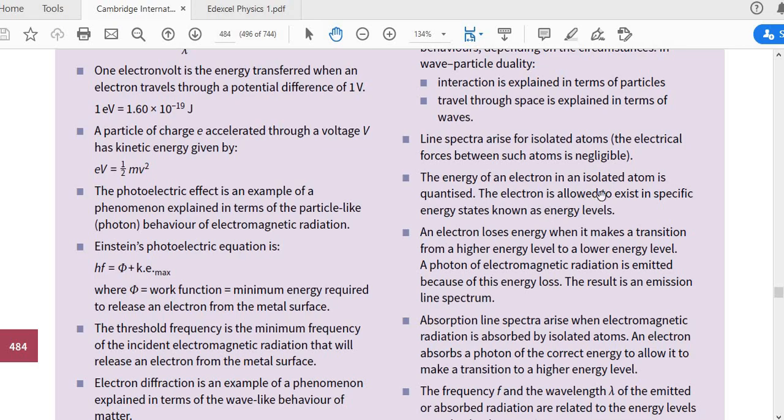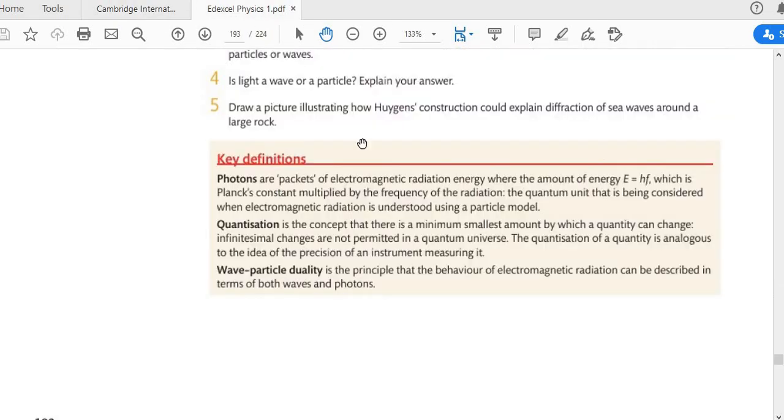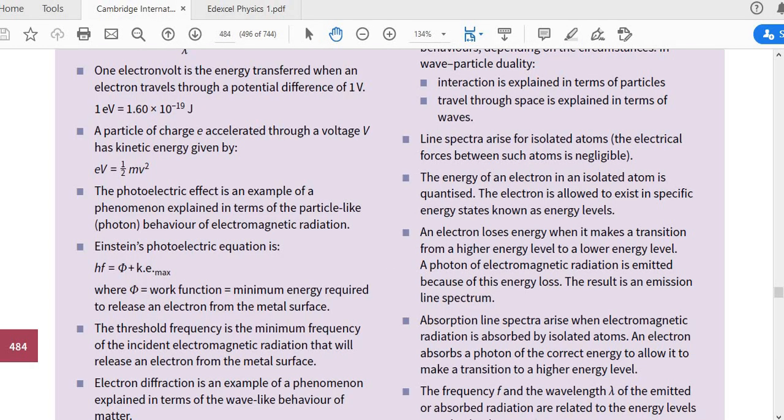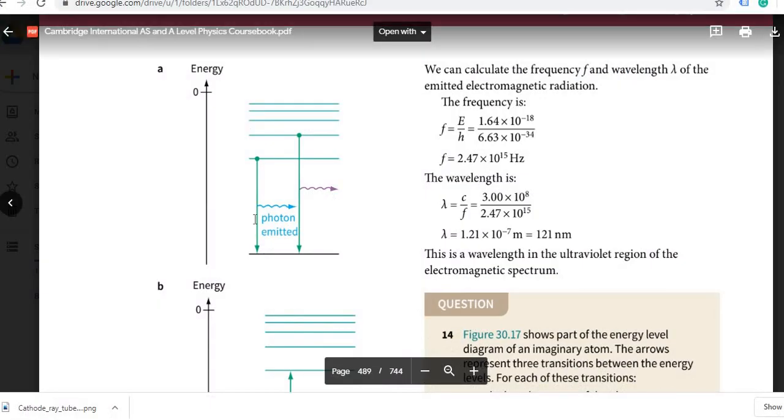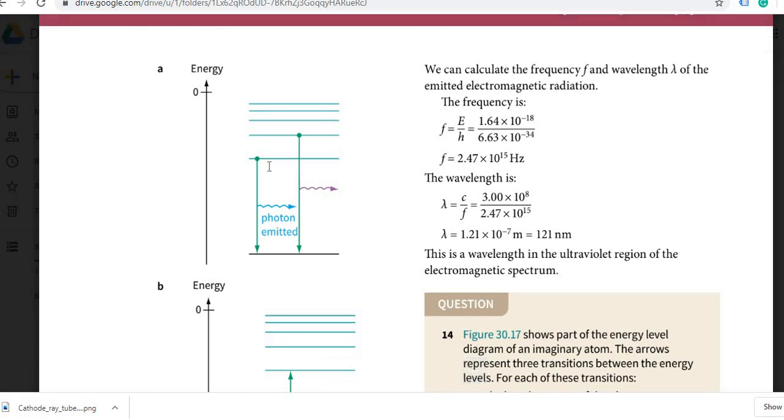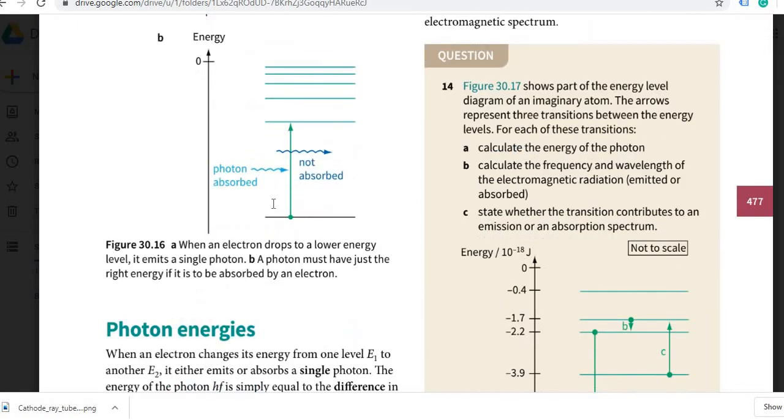The energy of an electron in an isolated atom is quantized. So if it is at a certain energy level, it will have only that energy. Consider the electron, for example, let's say the electron is here. This is one energy level. For it to go to this energy level, this is a high energy level. So when you go up, the energy levels increase.